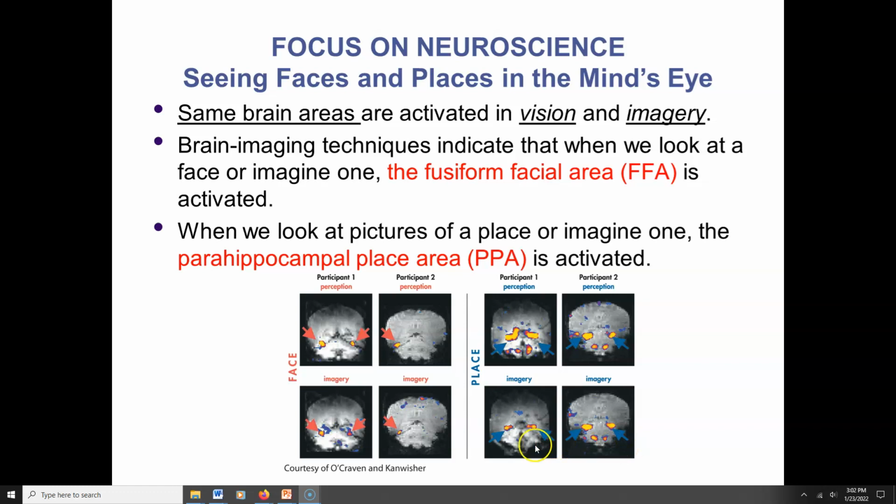The parts of the brain activated when we imagine or even look at an actual place are what's known as the parahippocampal place area, the PPA.